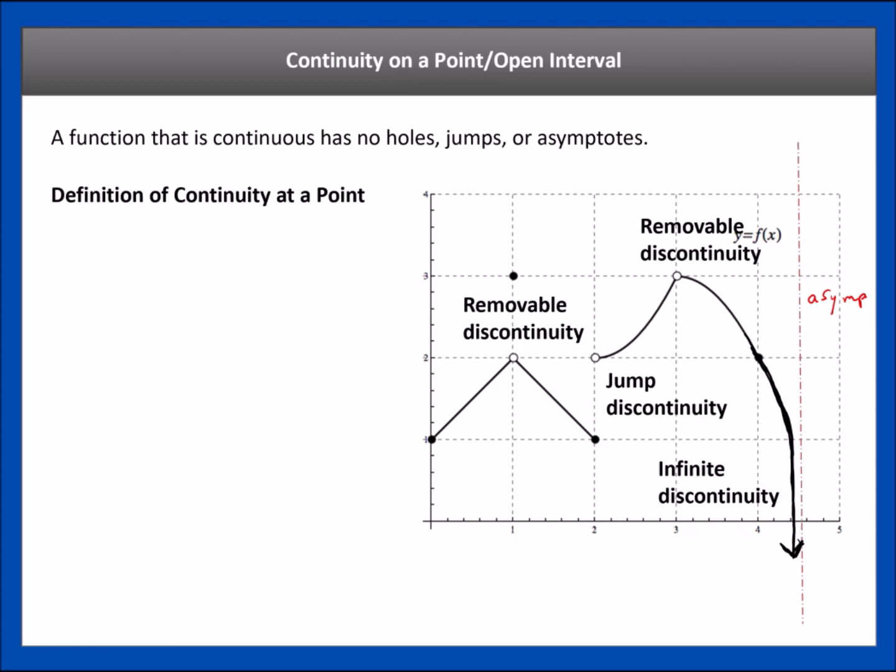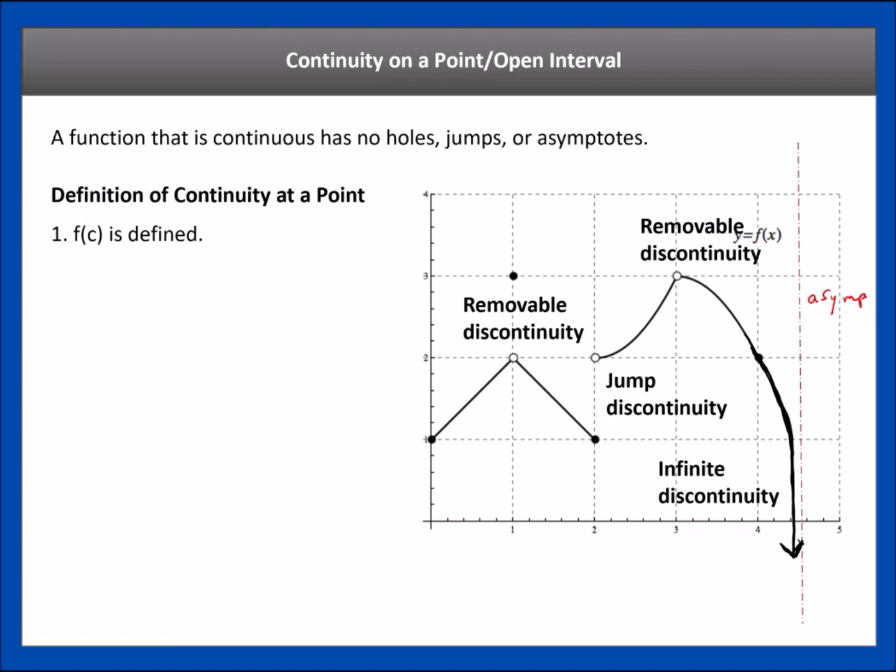So let's go ahead and define continuity at a point. There's also another type of continuity that we'll discuss in a little bit, besides these ones that we just mentioned. First off, the function has to be defined at x equals c.